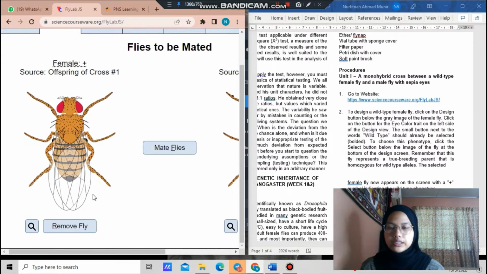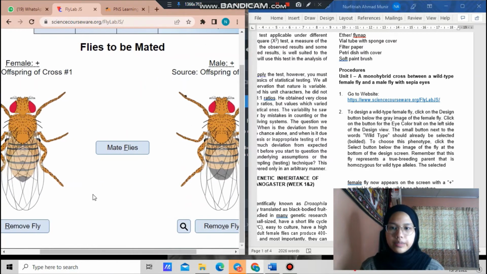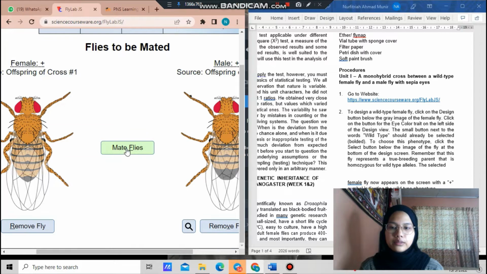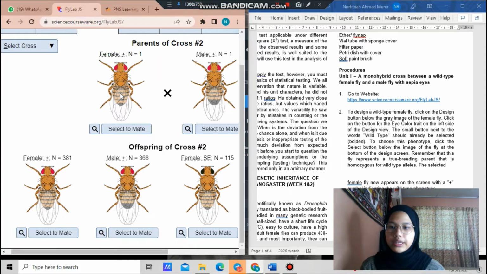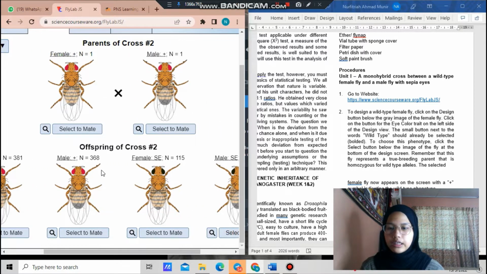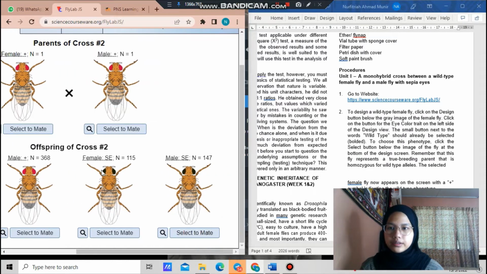So this one is the F1 offspring. Then make the flies, which is cross the flies. So from the F1 offspring, we get the F2 offspring, which is we get the 4 F2 offspring.